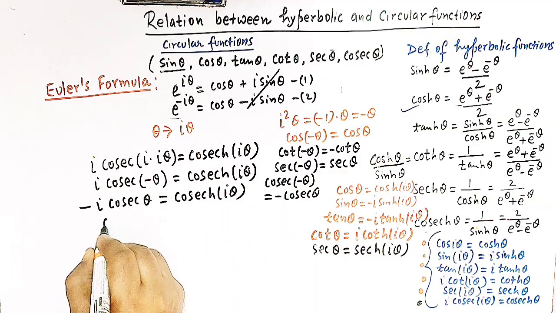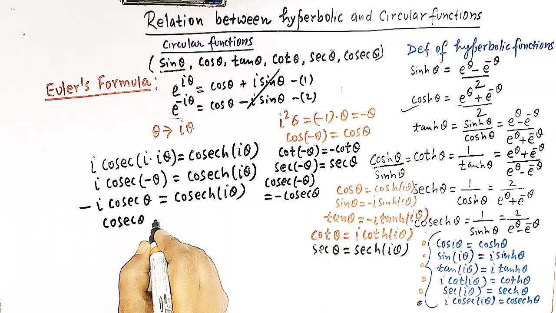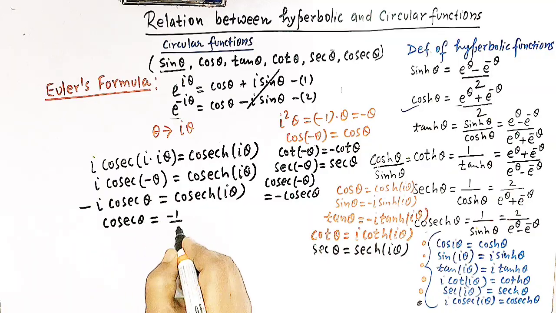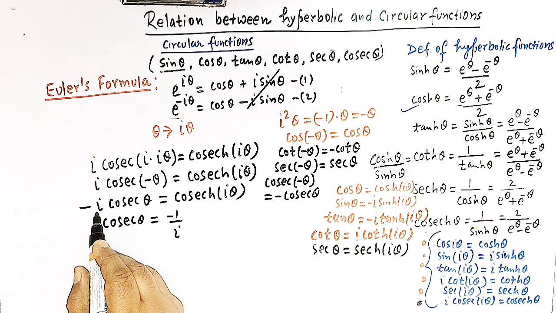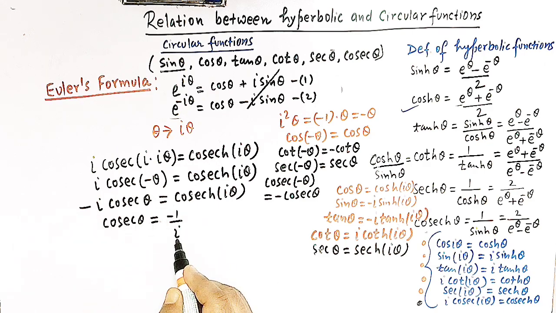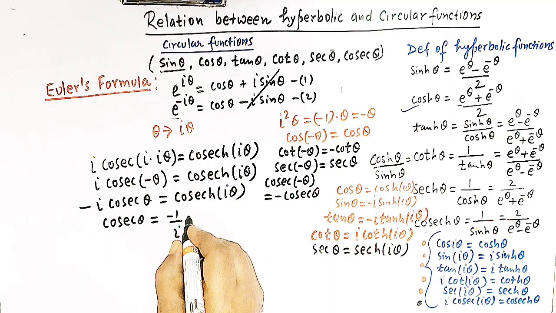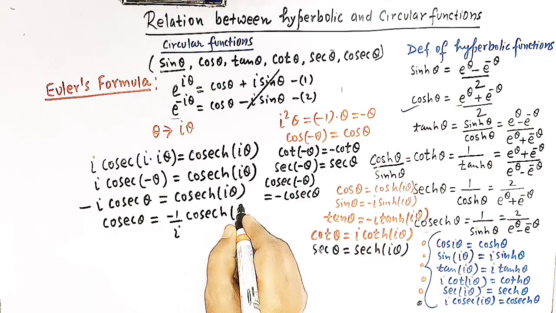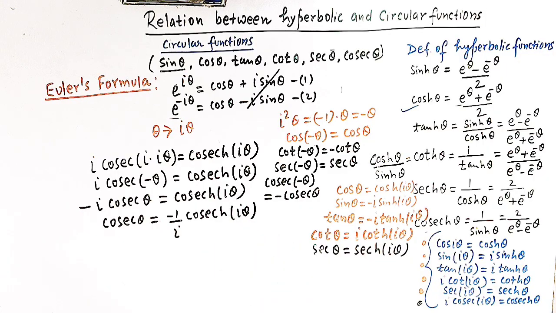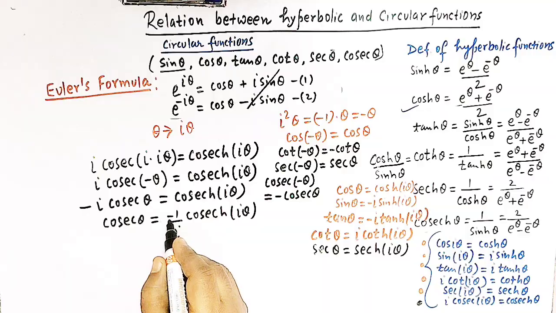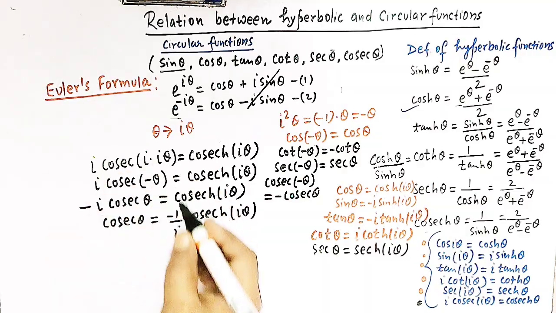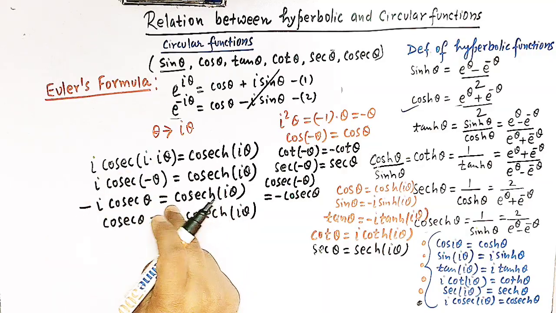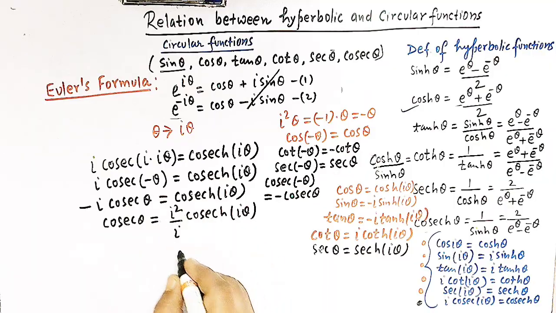Now we can also express this result as minus 1 over i, that is, we have i in the denominator, and minus 1 can be taken in the numerator, times the hyperbolic cosecant of iθ. Now this minus 1 can be replaced by i², and the i cancels.